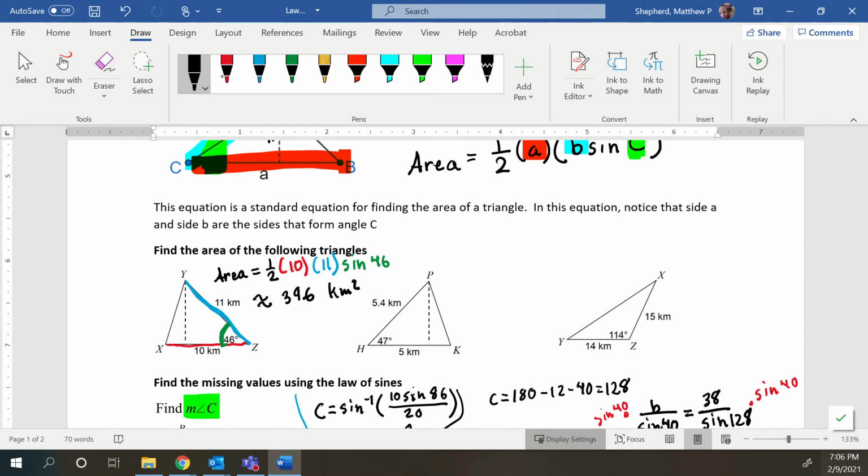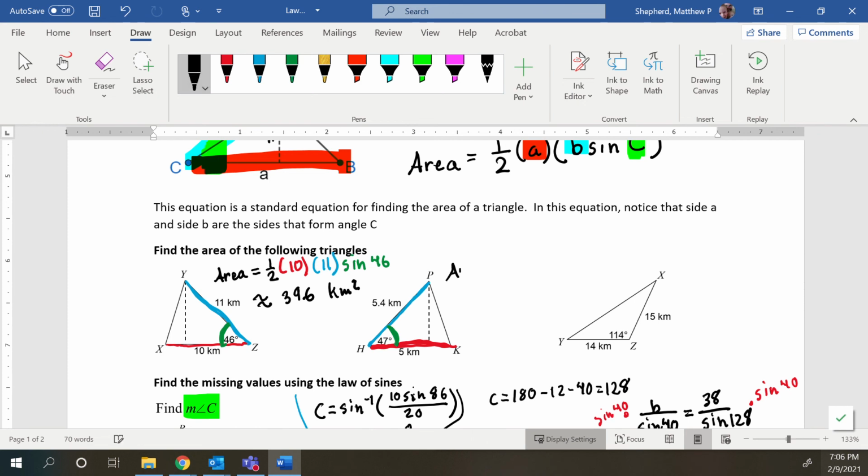All right, let's do it again. First, I've got my base. That's going to be A from that equation above. Then we've got this side that helps make our angle, so that's going to be my B, and my C will be the actual angle formed by those two.